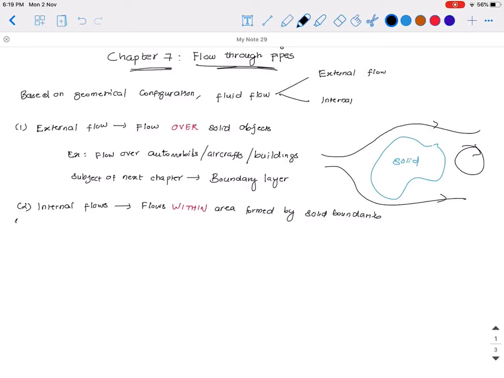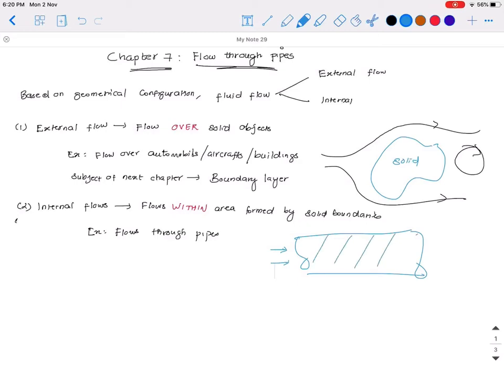So the main example is flows through pipes. Okay, so you have a pipe, and fluid is flowing within this area formed by the solid boundary. This is the solid boundary.